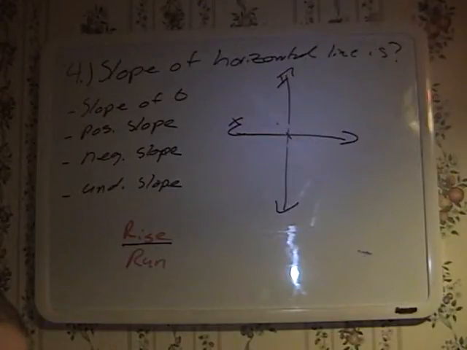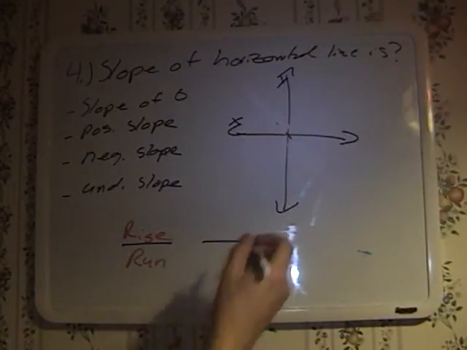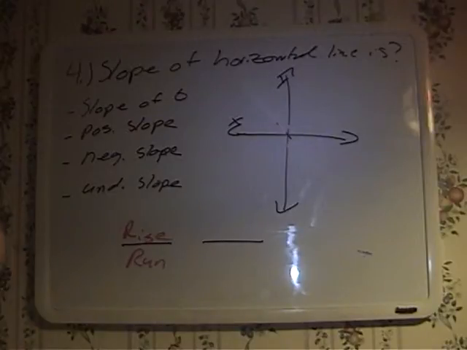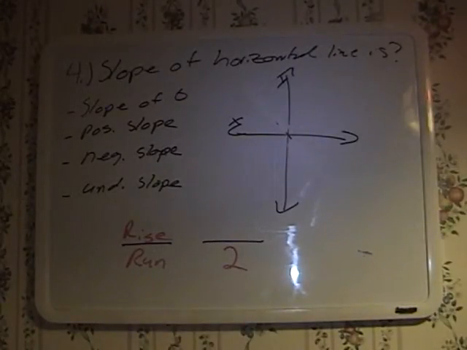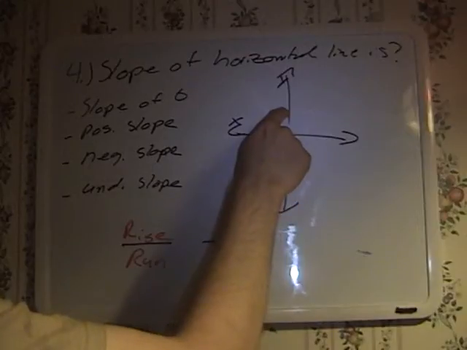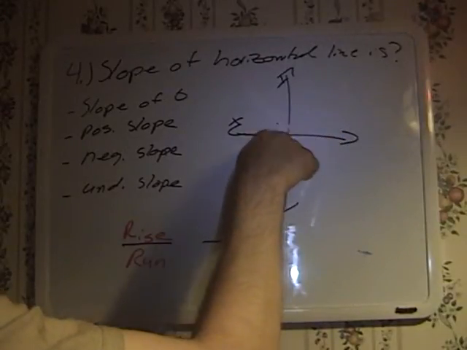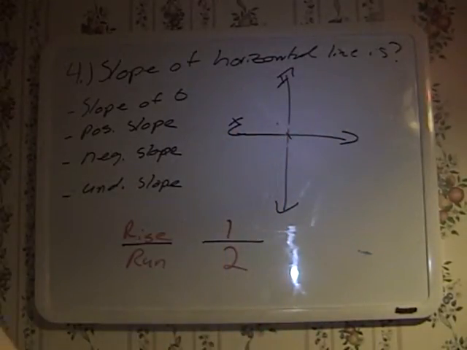So if we had a slope that looked like this, that means from our starting point, which would be our y-intercept, we could go up 1 unit and over 2, and then we go down 1 unit and over 2, and then that gives us points to draw our line.